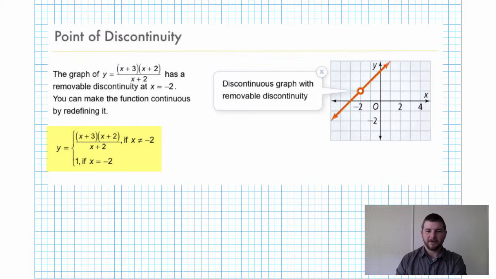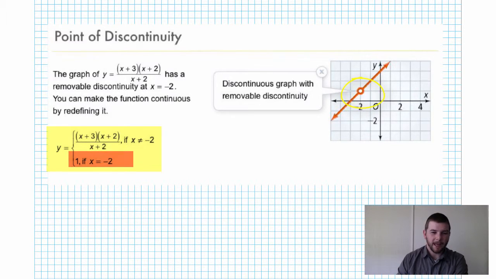So basically, for all other real numbers, everywhere else on the graph except exactly where x equals negative 2, we'll define the function this way. However, since our function is undefined at that value, x equals negative 2, we can peek at the graph to the right to verify the hole.